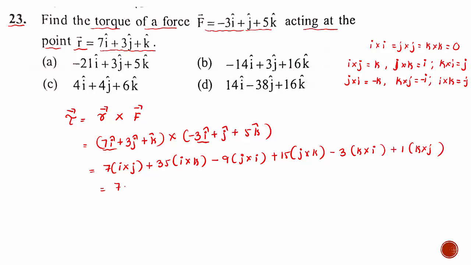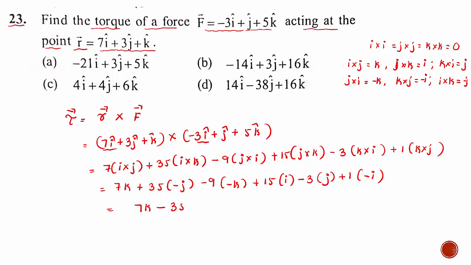Substitute the value. This will be 7, I cross J is K, plus 35, I cross K is minus J, minus 9, J cross I is minus K, plus 15, J cross K is I, minus 3, K cross I is J, plus 1, K cross J is minus I. So we will get 7K minus 35J plus 9K plus 15I minus 3J minus I. So we will get the answer 14I cap minus 38J cap plus 16K cap.